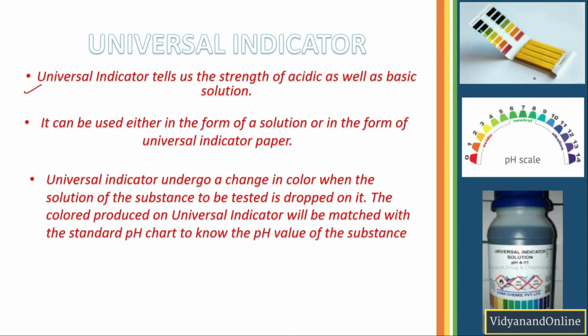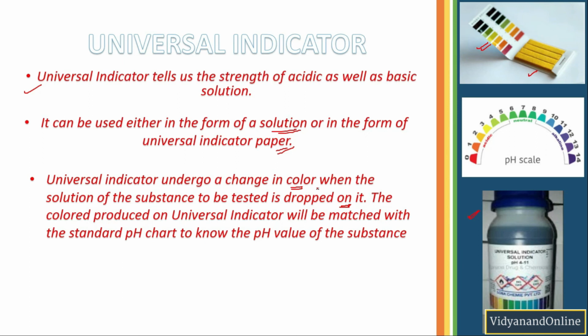This is the picture of universal indicator, which on dipping in different media changes its color. Also, it can be used both as a solution, which is mentioned here, and as indicator paper, which is mentioned here. The universal indicator undergoes a change in color when the solution of the substance to be tested is dropped on it. What does that mean?